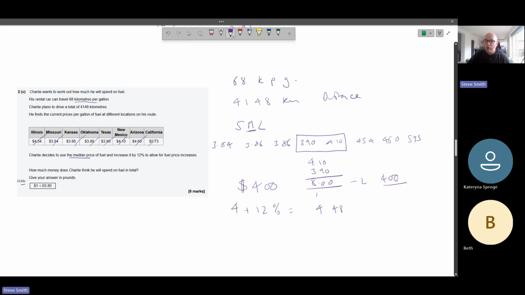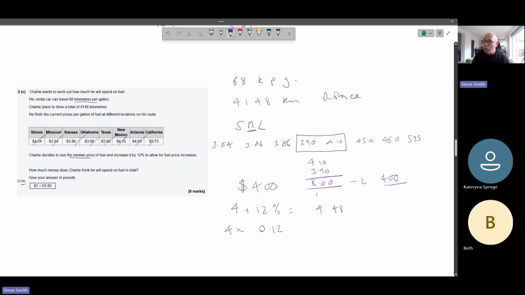If we weren't trusting the percentage button or we weren't sure how to do it, then we need to look at what 12% is as a decimal. As a decimal, 12% is 0.12. So 4 times 0.12 will give me 12%.